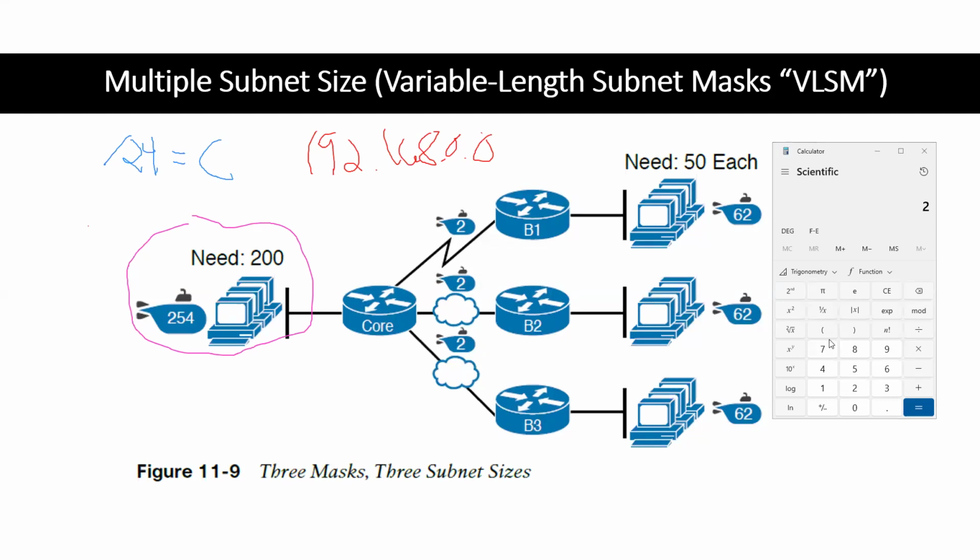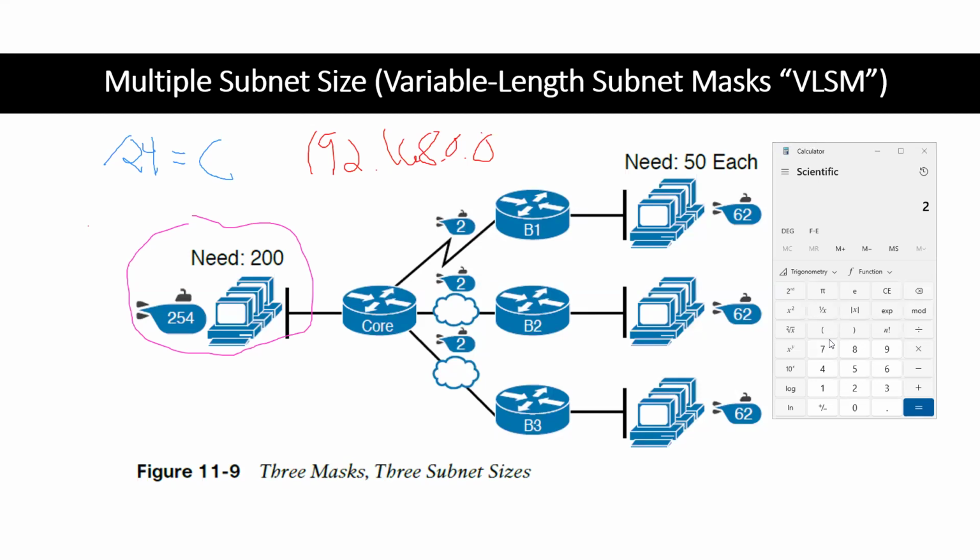And what is that host formula? It's 2 to the power of x minus 2. And that minus 2, remember we went over it in Lab Fun Day. Let me start off first. 2 to the power of x is telling us how many host bits. We're going from right to left, because the host bits start on the right of a subnet mask.